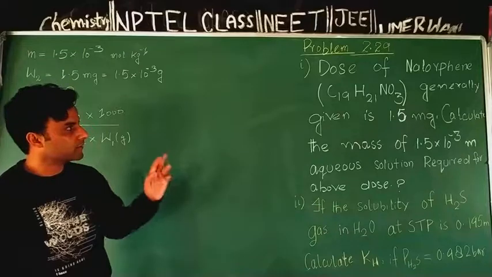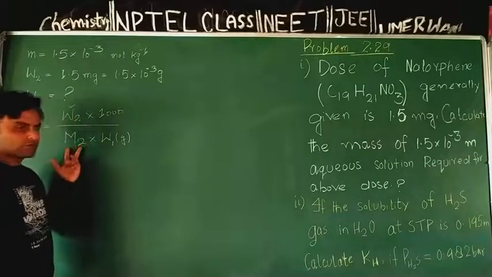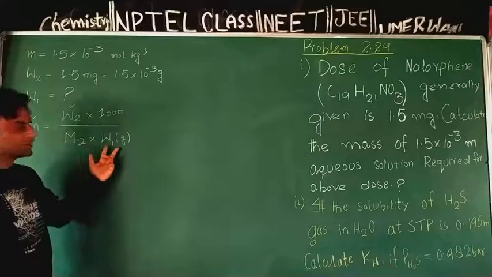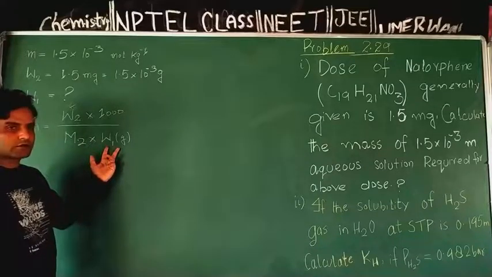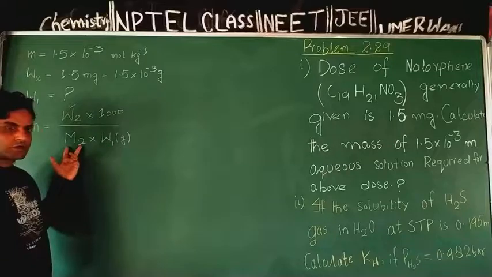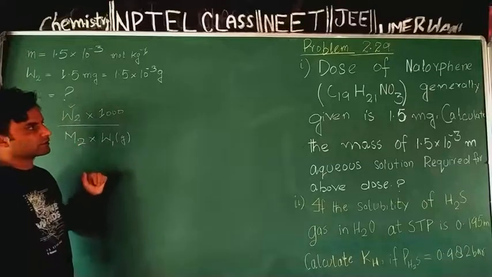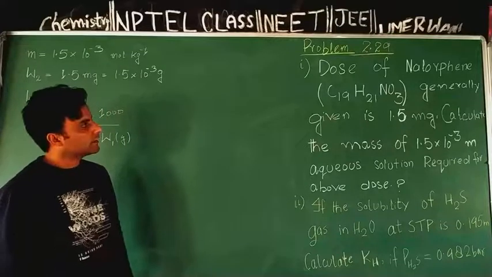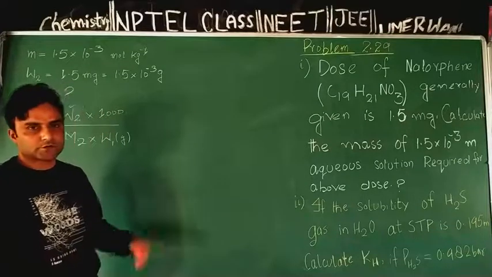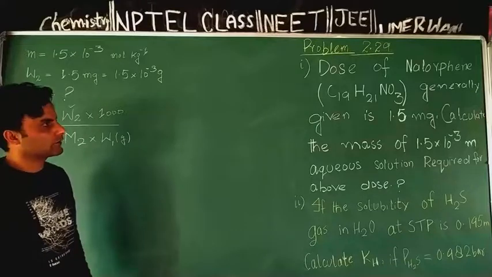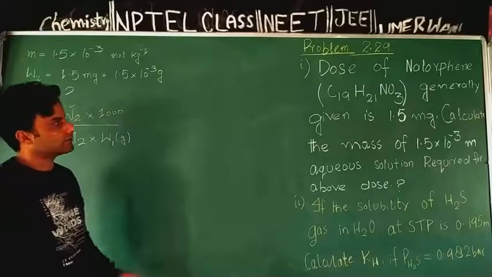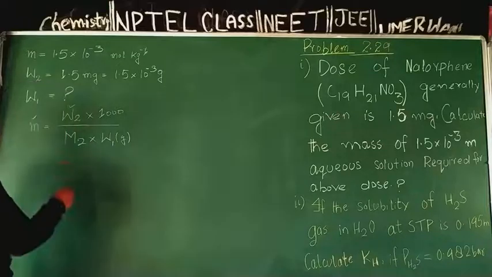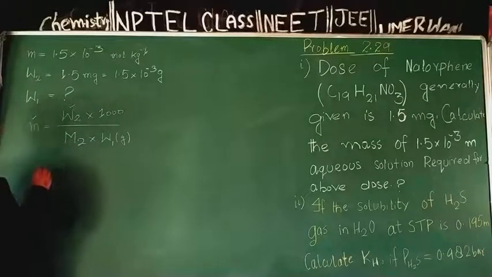In order to find the mass of water required, we need the molecular mass of morphine, and from the formula we can calculate it by adding atomic masses of all the atoms present in the molecular formula, and upon calculation it comes to 311.